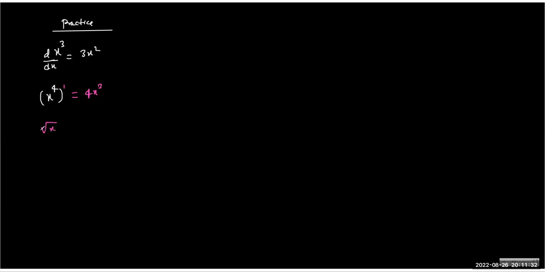So now if I give you root x, what is the answer now? The power 1 by 2 is a fraction. So it is 1 by 2 x to the power minus 1 by 2. Which, if you shift the position, the minus will make it go to the denominator: x power half. And what is x power half? Root x. Correct? So the answer is 1 by 2 root x. Okay, so what will be the answer of this?